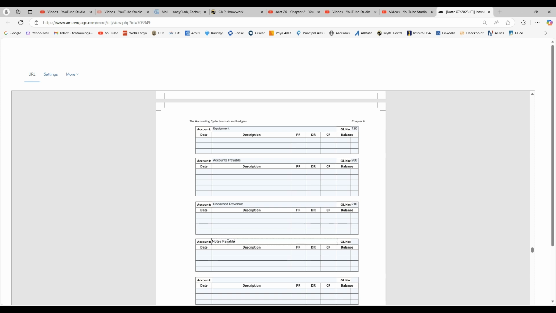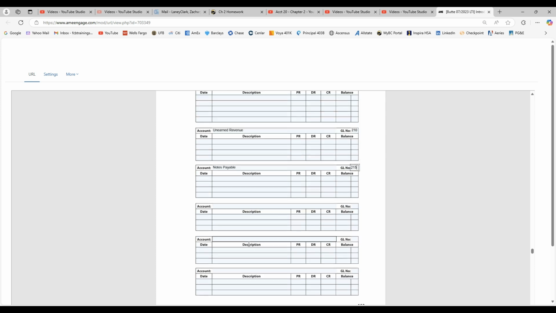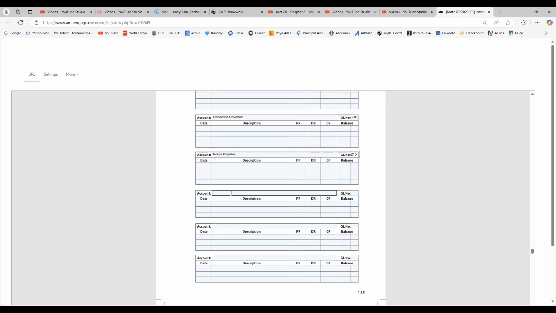Notes payable is account 215. Capital, so now our equity accounts, and that's account 300. Then withdrawals is account 310. So that's all our balance sheet accounts, equity and everything.